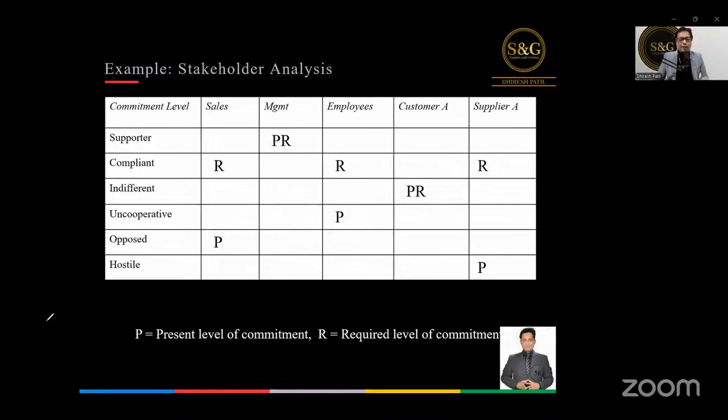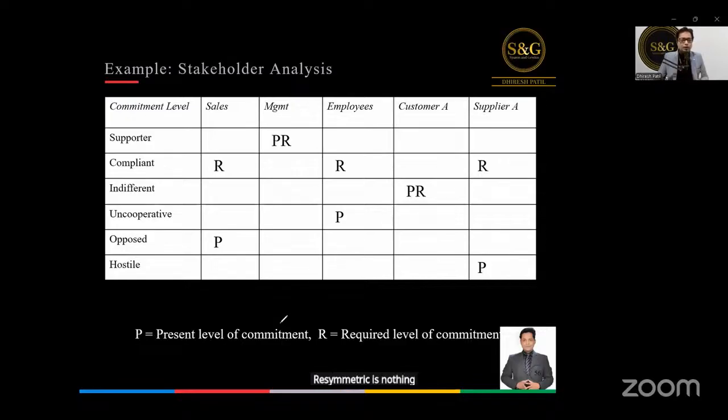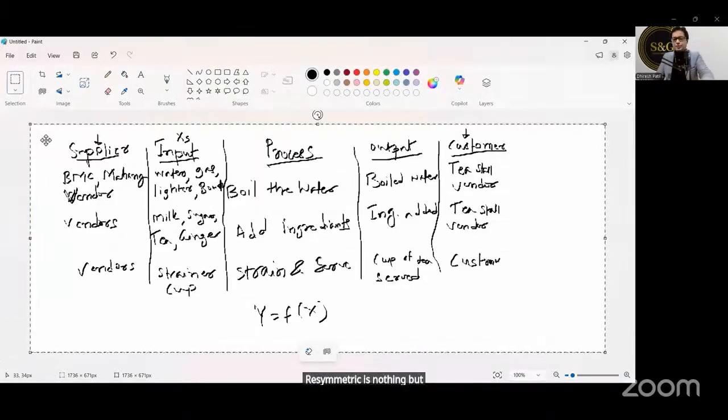Now apart from that, there is something called the RACI matrix. What is the RACI matrix? Let me give you a quick idea.